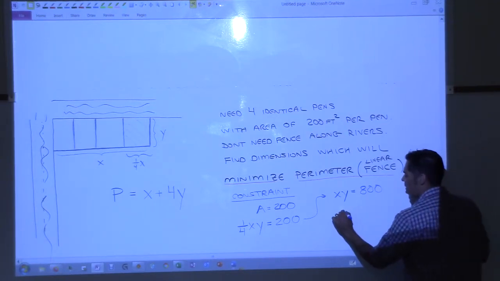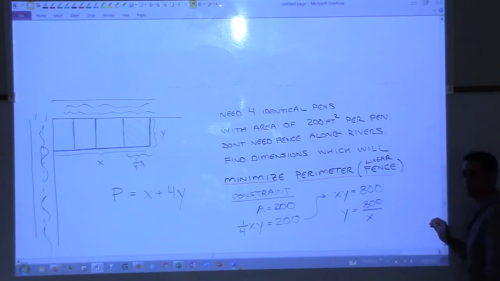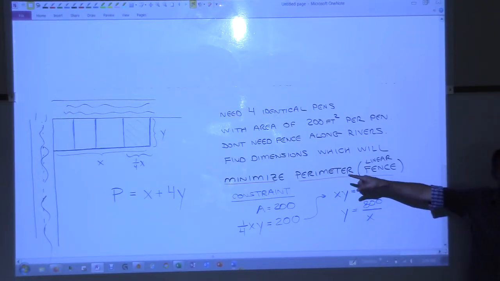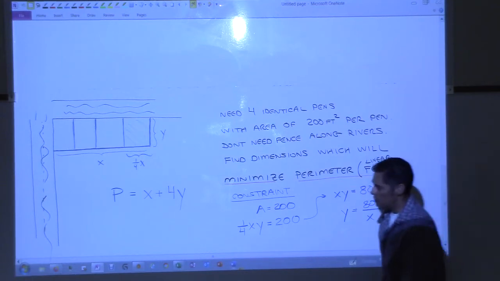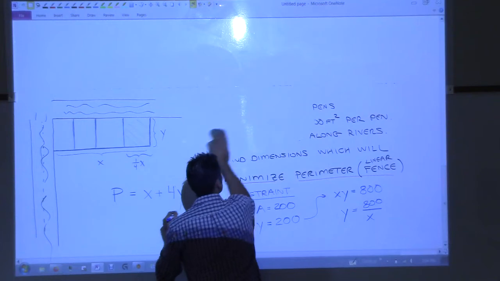So if I solve for y here, divide both sides by x, right? Okay. And now we can take this and replace that y with that. So let's do that. So now our perimeter, I'm going to come up here and do this.